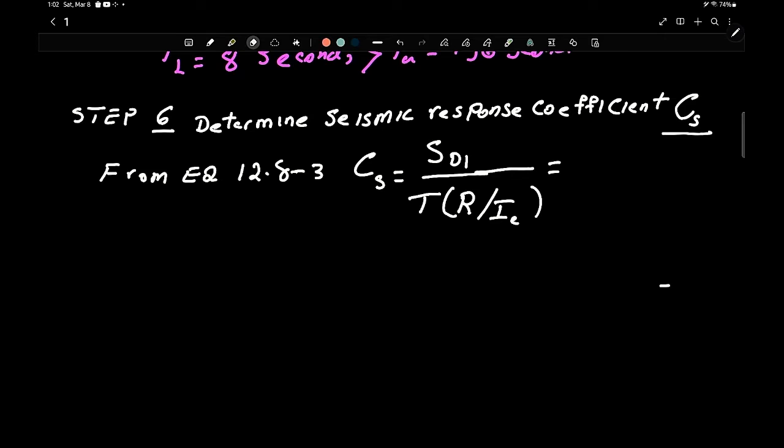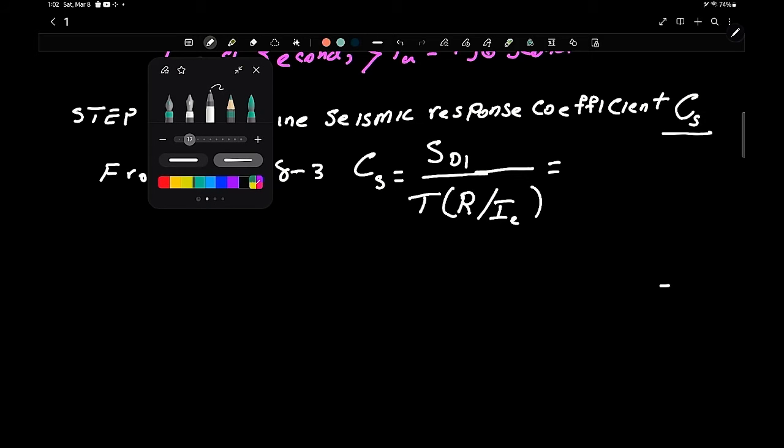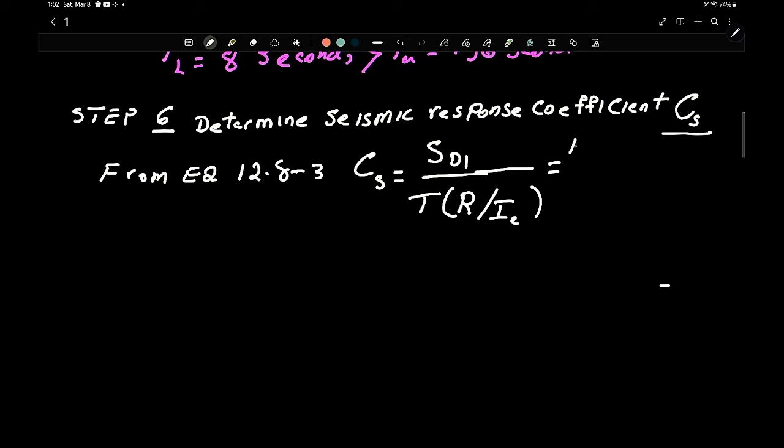So this is equal, our SD1 came out to be 1.32, divided by T, T was 0.56 second, times R, R came out to be 8, divided by 1. And let me get my calculator.